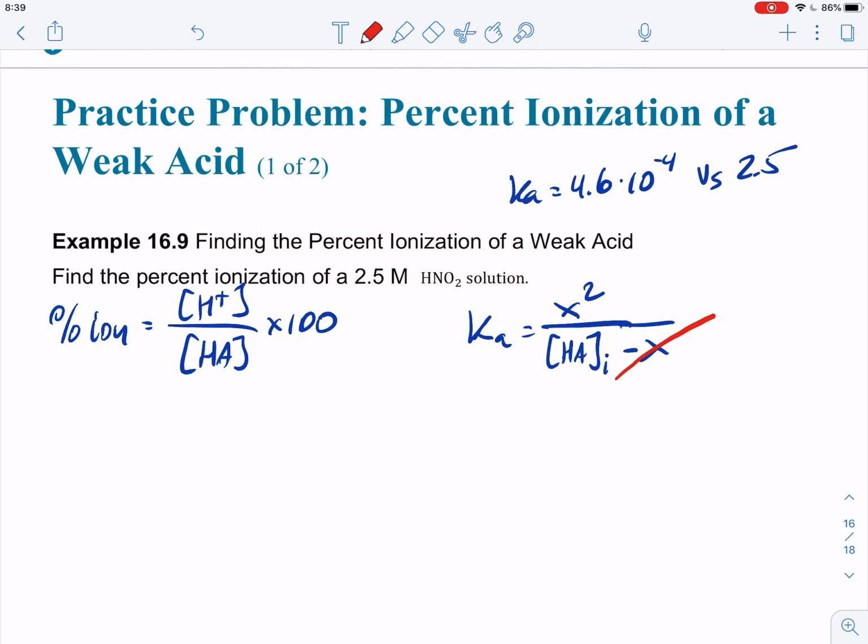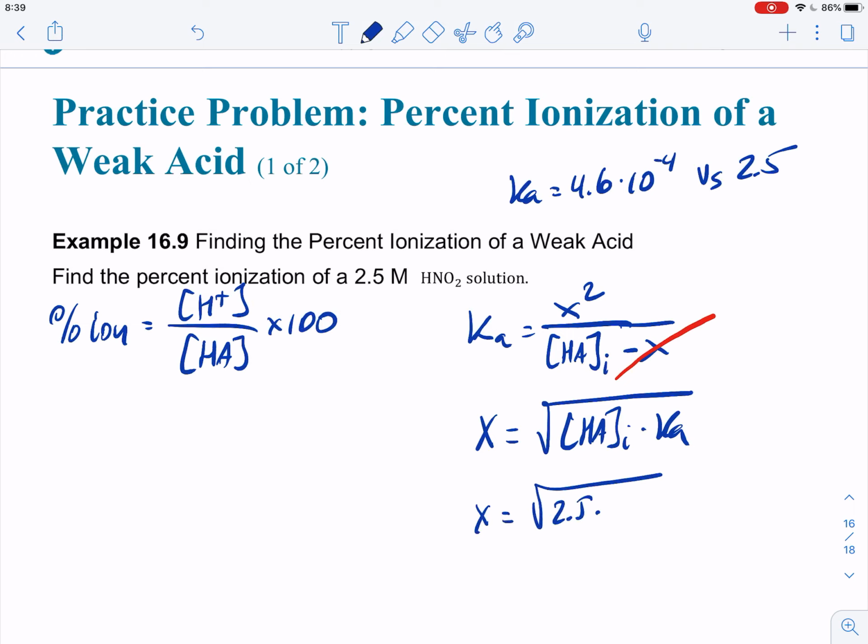And if we do that, then x is simply the square root of the initial concentration of acid times Ka. So x is equal to the square root of 2.5 times 4.6 times 10 to the negative 4, and this is equal to 0.0339. That's the concentration of H plus.